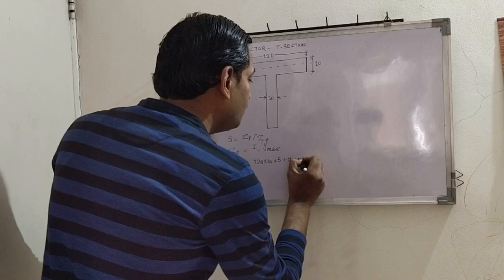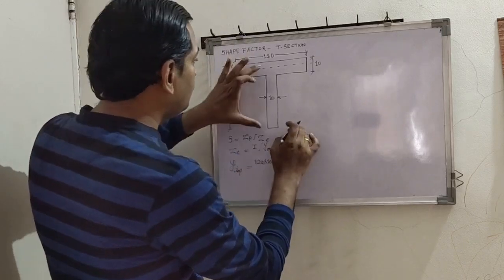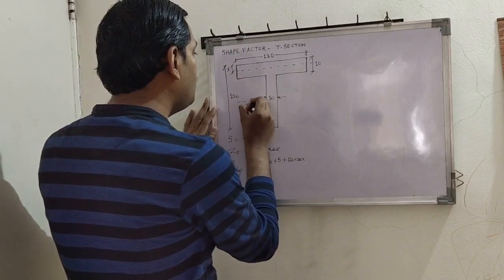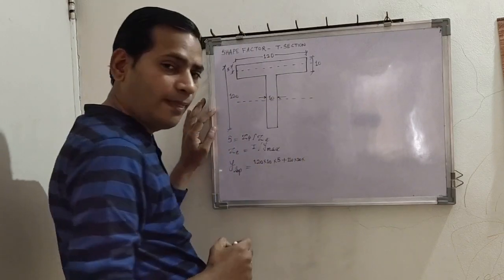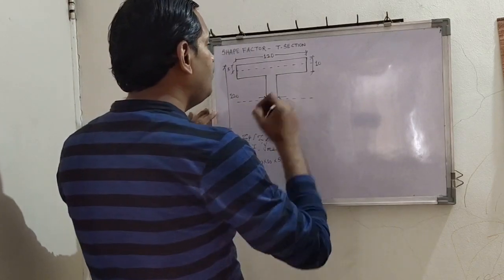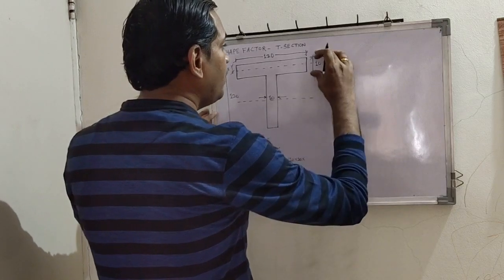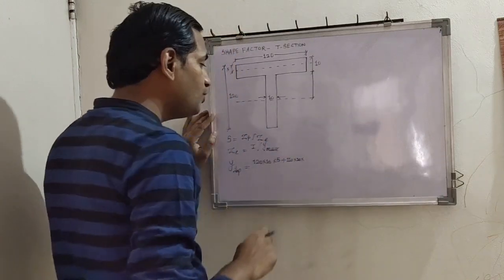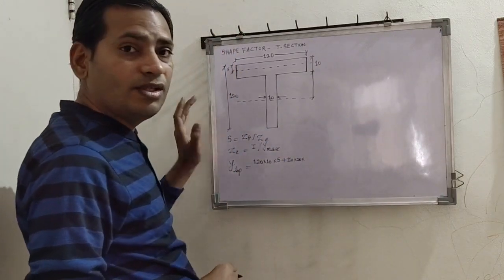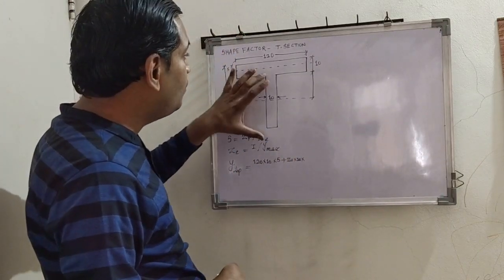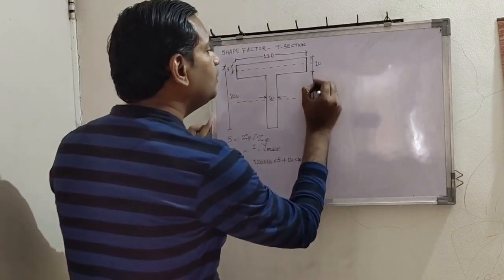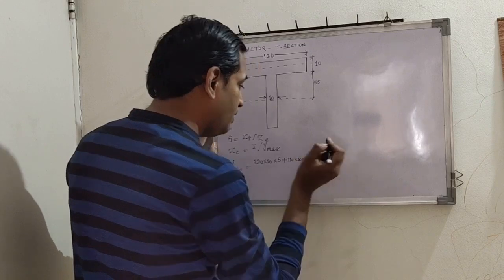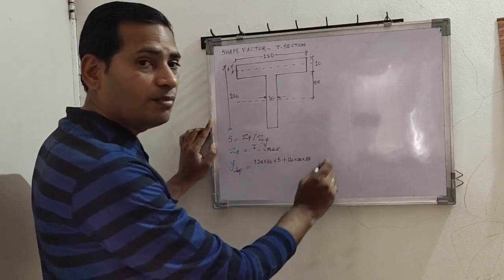So this is A2. Now what is Y2? Find out half of 110. Half of 110 is 55. Okay. So 55 and you add 10. So what is Y2? Centroidal distance of area 2 from top. So this is 55 plus 10, okay, 65. So this is A1 Y1 plus A2 Y2.